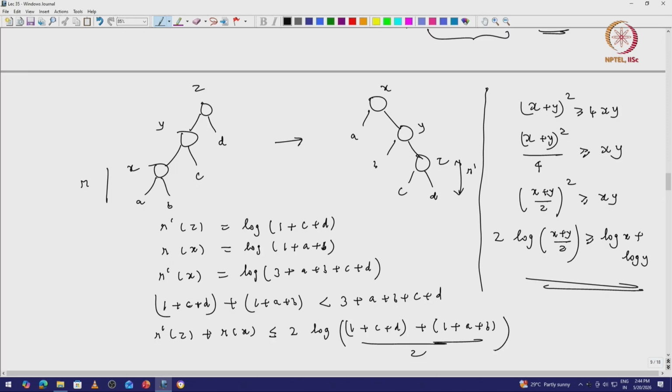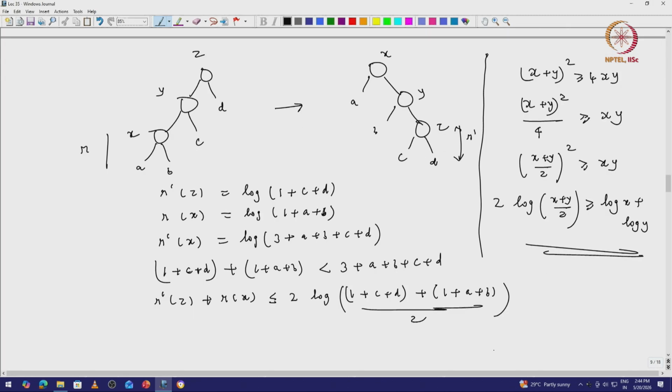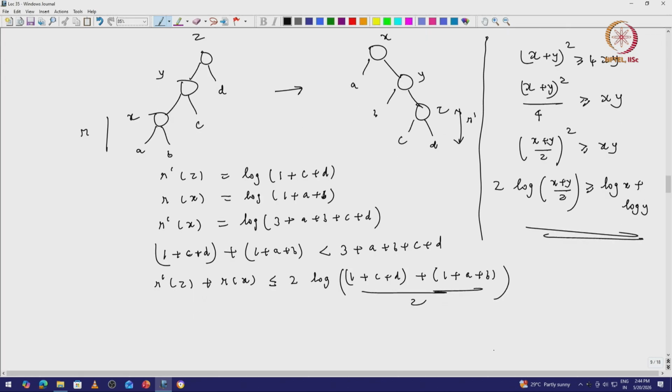And this is less than or equal to 2 times log of 3 plus a plus b plus c plus d by 2.